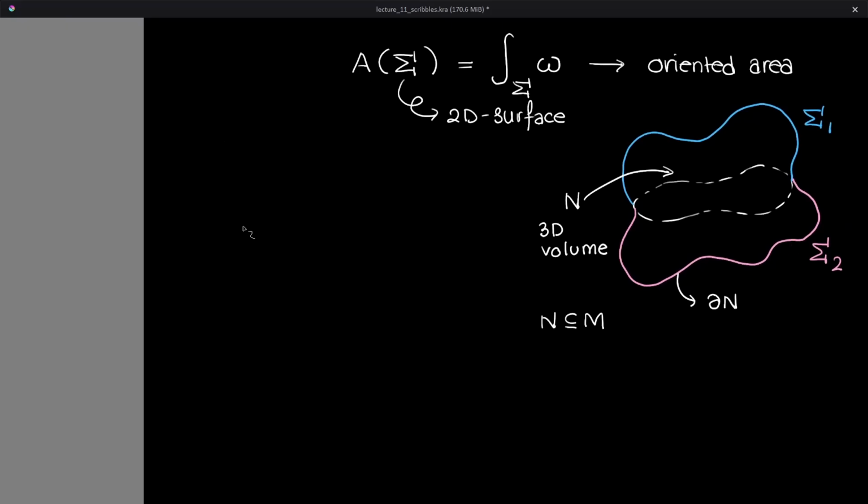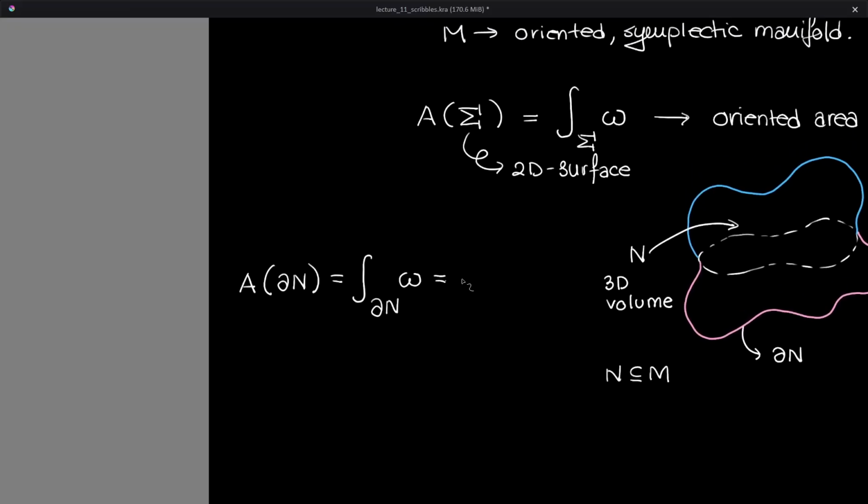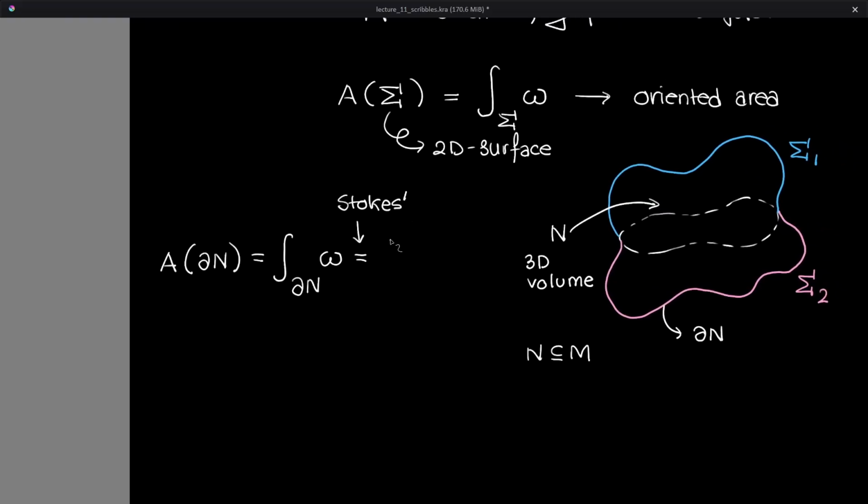So if I say that A of ∂N is equal to the integral over ∂N of omega, we know by Stokes' theorem, Stokes coming in handy again, that this will be equal to the integral on the interior of the exterior derivative of omega.